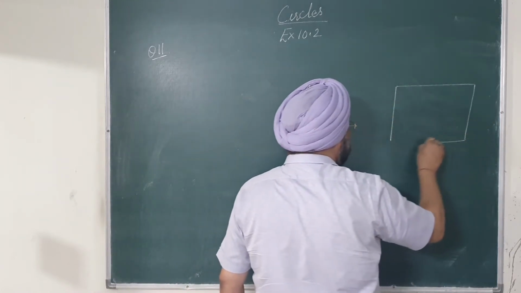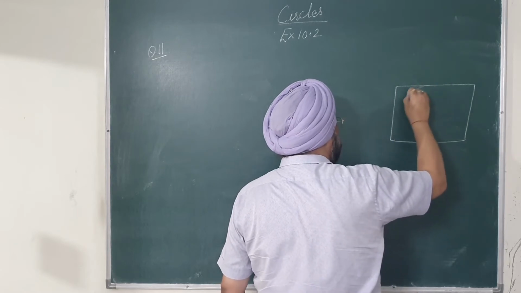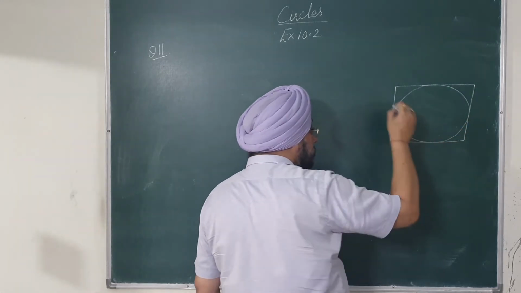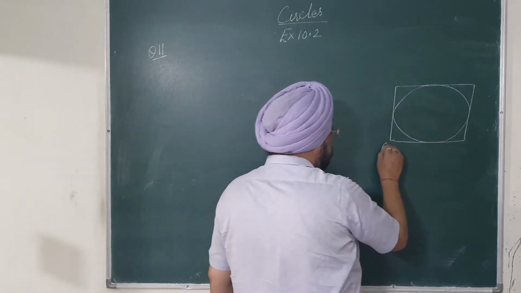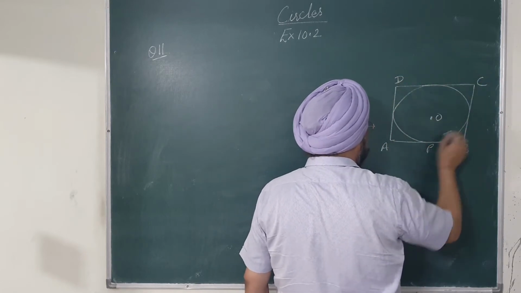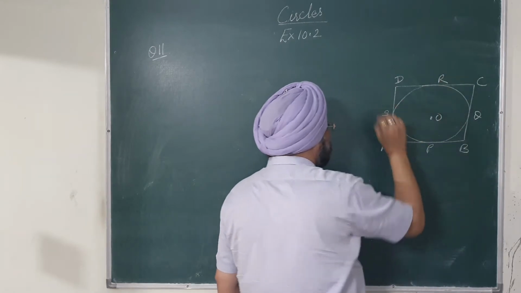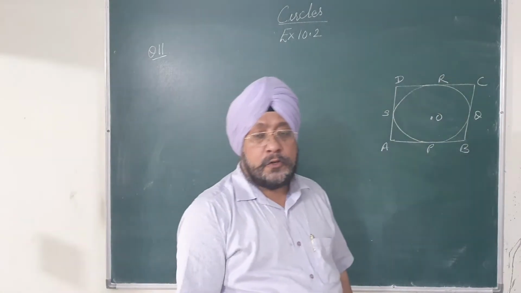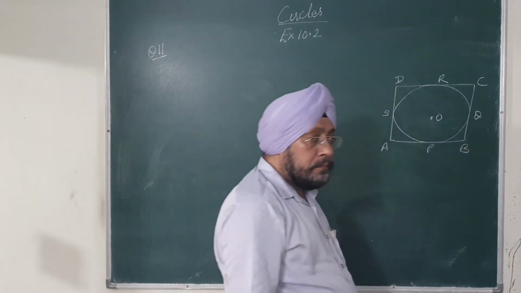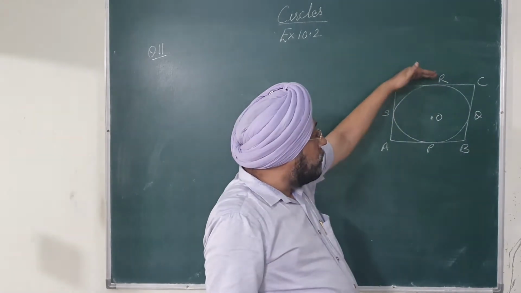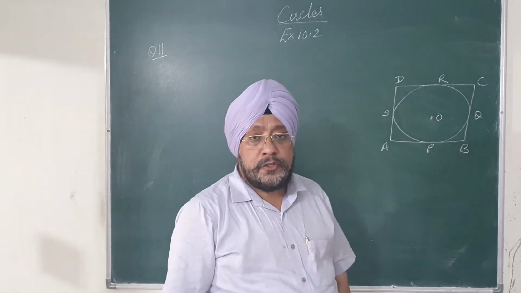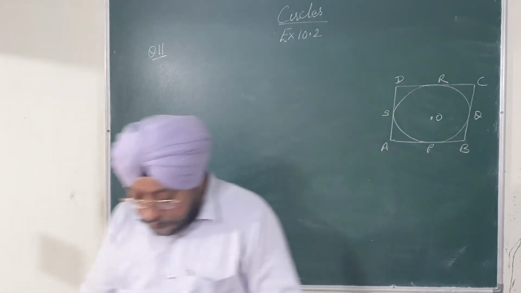Suppose this is a parallelogram and we have a circle inscribed inside the parallelogram. This sum we have just done in question number 8. If ABCD is a parallelogram circumscribing a circle, then that parallelogram must be a square. So this we have to prove.